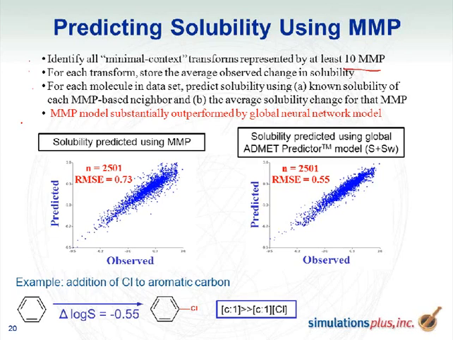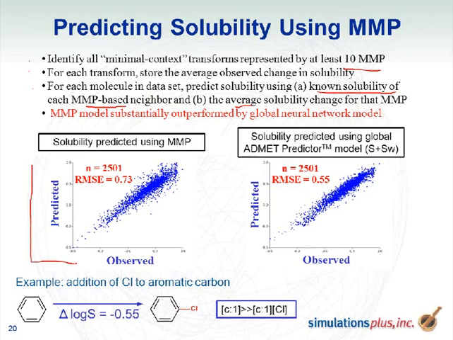Then, to predict the solubility of a single molecule, he took all the known solubilities of the neighbors of that molecule involved in the same pair, and simply added the average solubility change for that matched molecular pair.